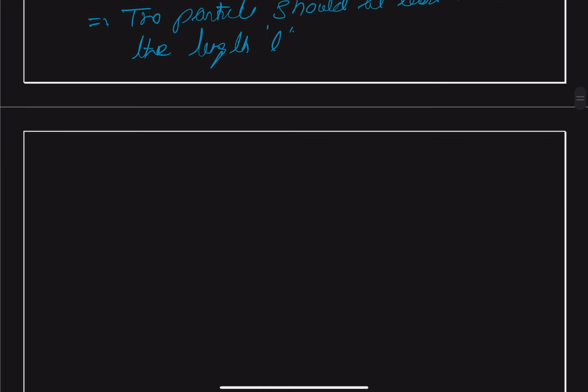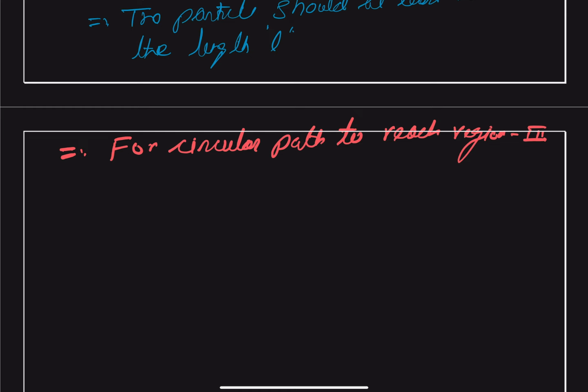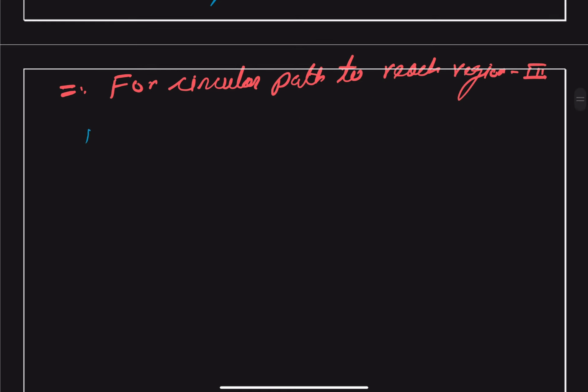So for the circular path to reach region 3, the radius of the circular path should be greater than length L. Substituting the equation for radius, we get mv divided by qB is greater than L. This gives us that the velocity should be greater than qBL upon m.